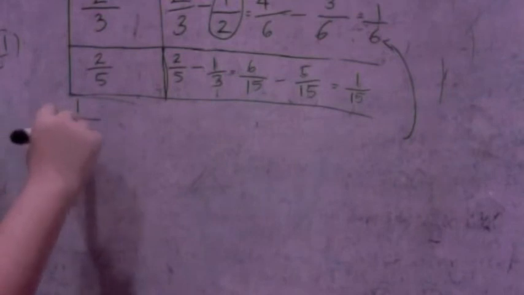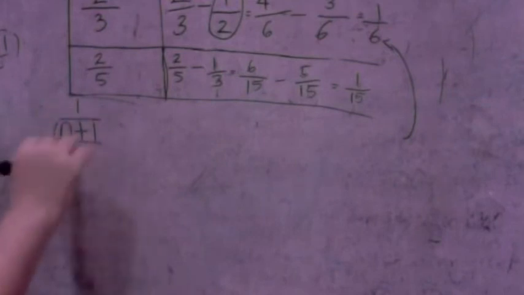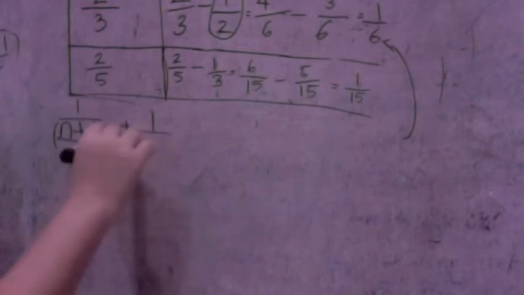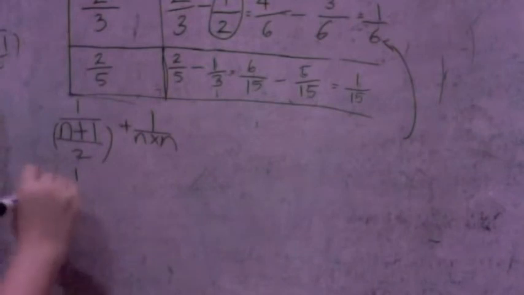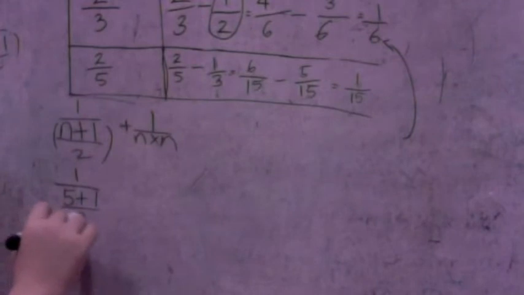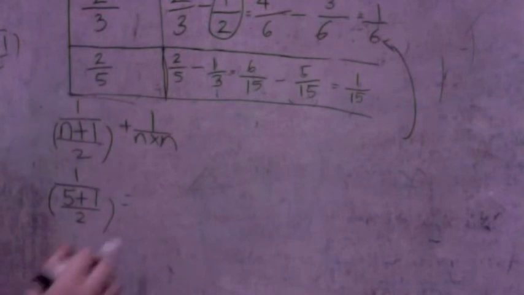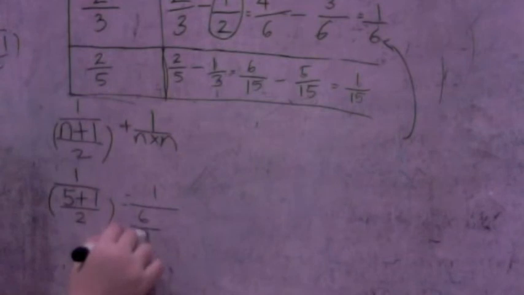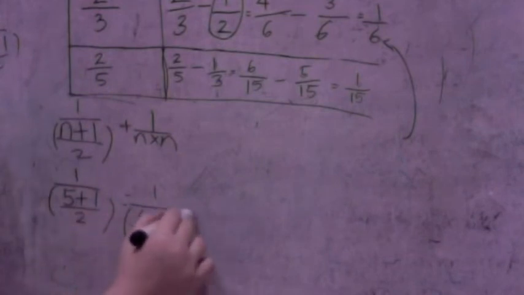So n added by 1 over 2 in brackets, I'm going to work this one first. So it's going to be 1 over 6 divided by 2 in brackets. So it's going to be 1 over 3.